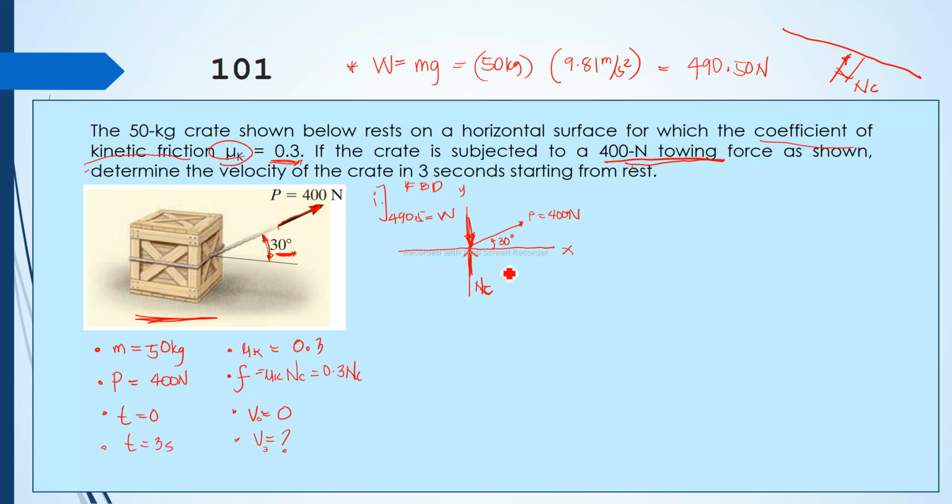Therefore, there is a frictional force acting on this body. But what is the direction of the frictional force? Take note that the direction of the object or the body is towards the right, or towards the positive x-axis. This is also the direction of our acceleration.